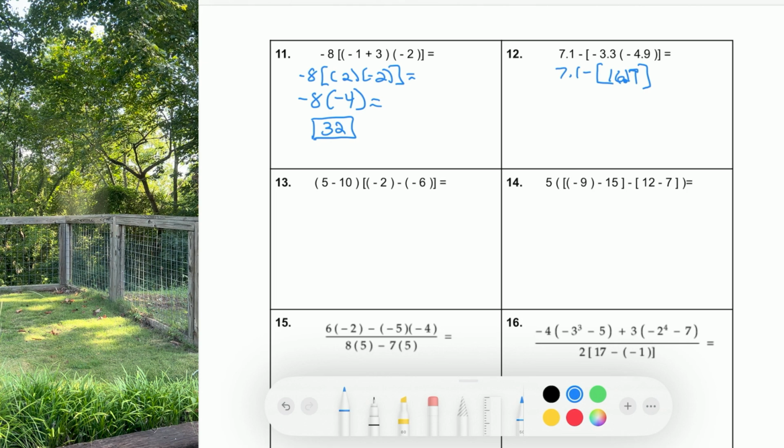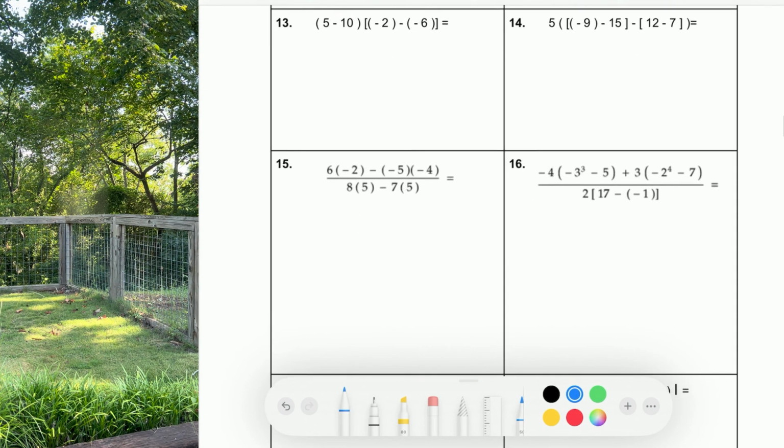Now we have 7.1 minus 16.7. I'm going to do keep it, change, change. So 7.1 plus negative 16.7. When we take the difference of those two numbers, we end up with 9.6. The 16 is greater, so it's going to be negative 9.6.